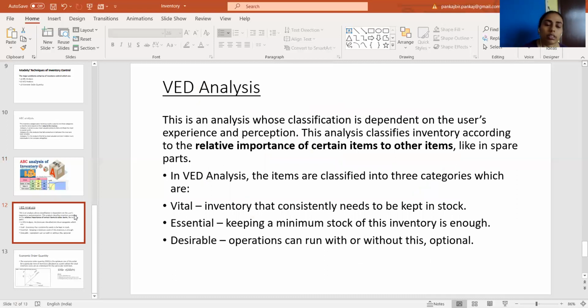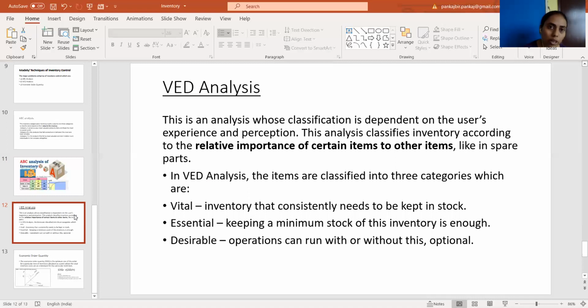The second basis of classification of inventory control is VED analysis. VED analysis is a similar type of categorization, just like ABC analysis, but here the basis of classification is the relative importance of certain items over others. This analysis depends on the user's experience and perceptions. It classifies inventory according to the relative importance of certain items to other items.